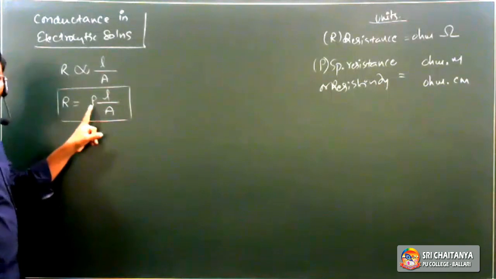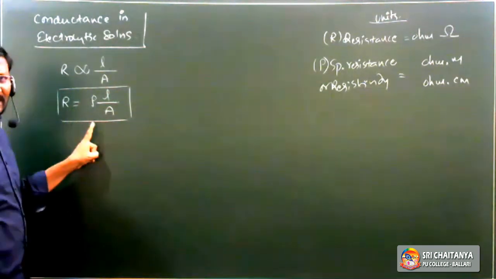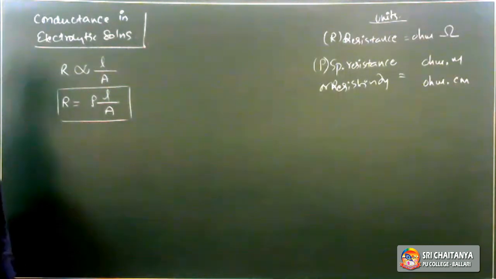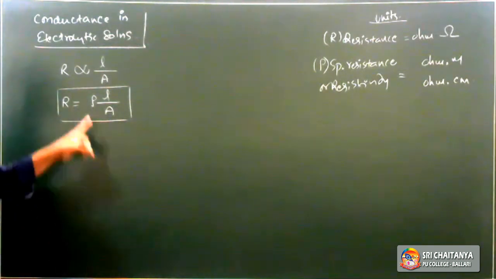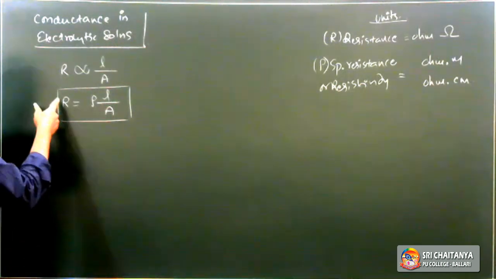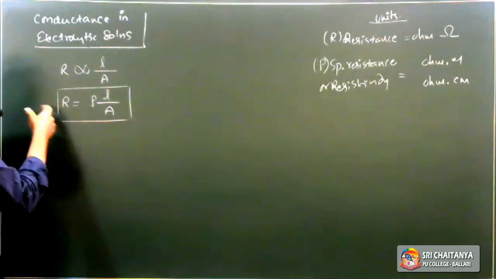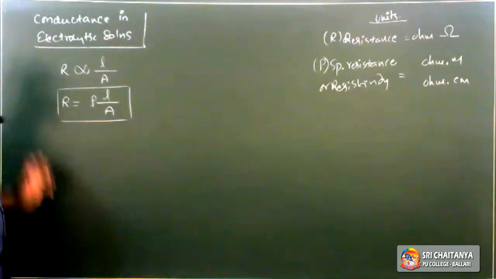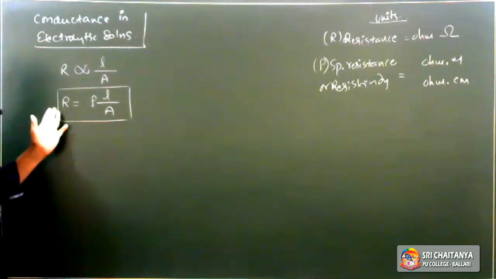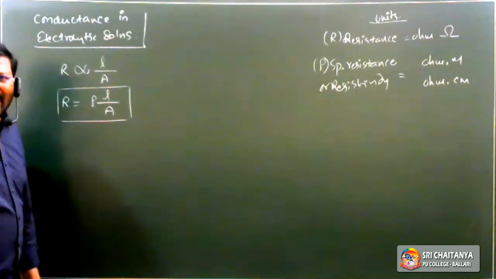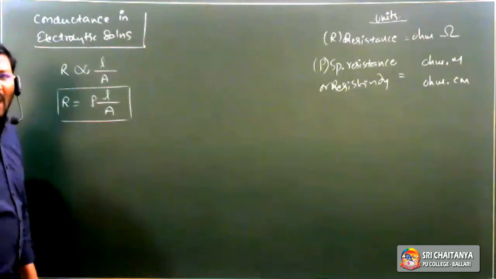So here the rho is the proportionality constant. Now sometimes they will ask you the definition of the rho. So rho is equal to resistance into A divided by L. See, now suppose if they ask the definition, how do you write?